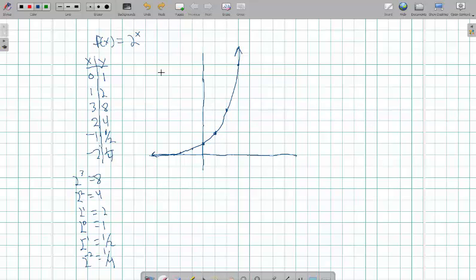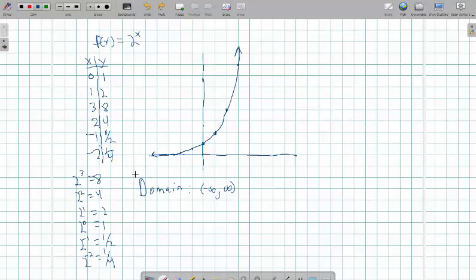I can plug in any x, so the domain, and this is going to be true for all basic exponential functions, domain is always going to be negative infinity to infinity, or all real numbers. The range is more limited. You can see here, no matter what negative exponent I put in, I'm still going to get a positive number, because 2 to the negative 20 would be 1 over 2 to the 20th, which would still be a positive number.